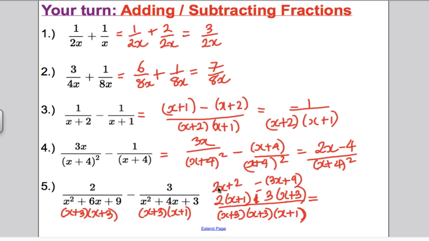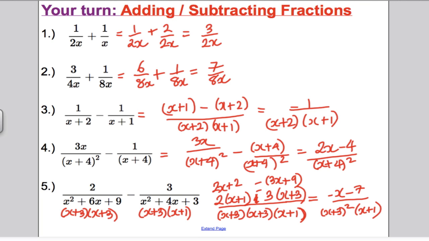So when you do that subtraction, you should end up getting minus x minus 7 all over this here, x plus 3, which I'm going to write as x plus 3 squared, and x plus 1. And we're done. We've practiced everything you need on adding and subtracting algebraic fractions.